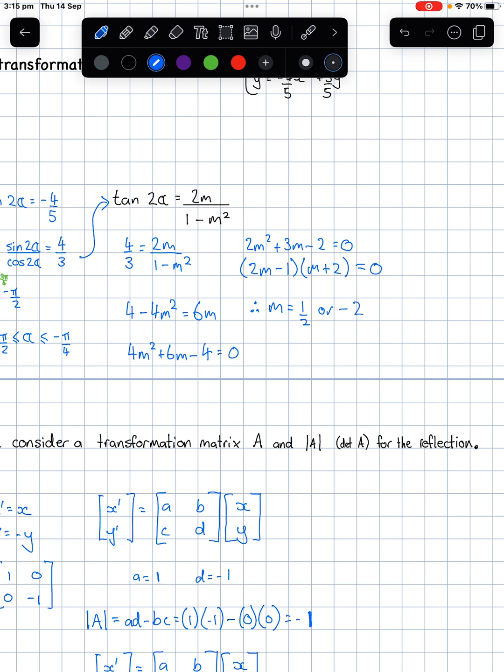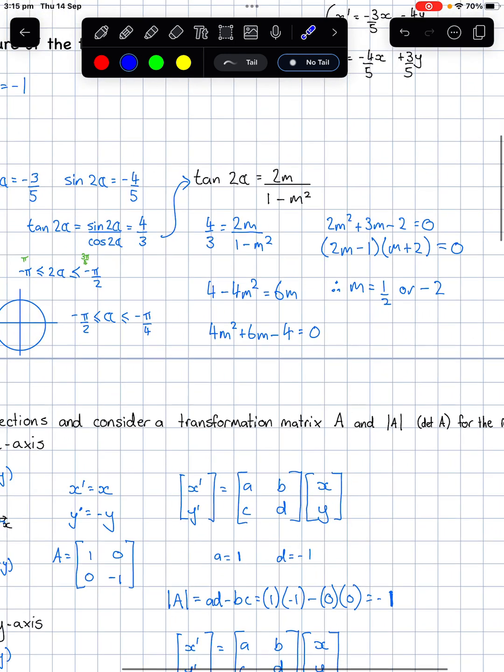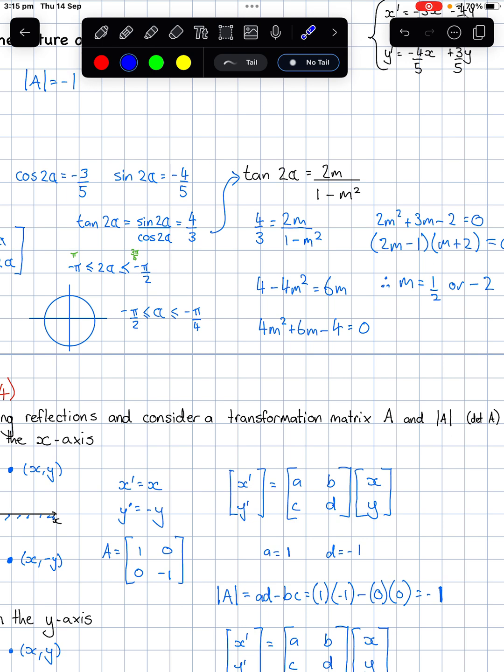Now, because of the value we figured out before, our angle alpha has to be within -pi on 2 and -pi on 4. So it's going to be within this little bit here.